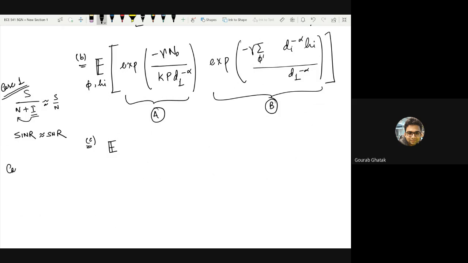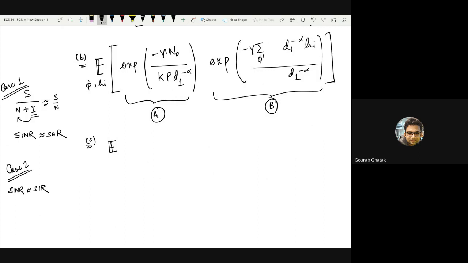So in case you are dealing with something like case 2, where your SINR is almost equal to SIR, which means the interference is so large that it is dominating the noise, which can happen in case of dense networks, where all the interferers are so closely located that they provide such a powerful interference signal that noise is a very minor problem as compared to that.